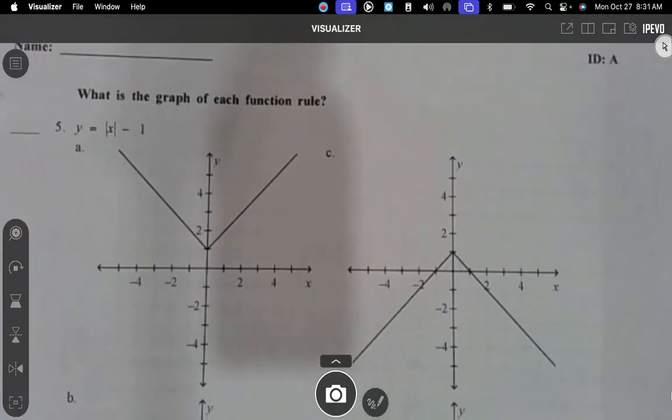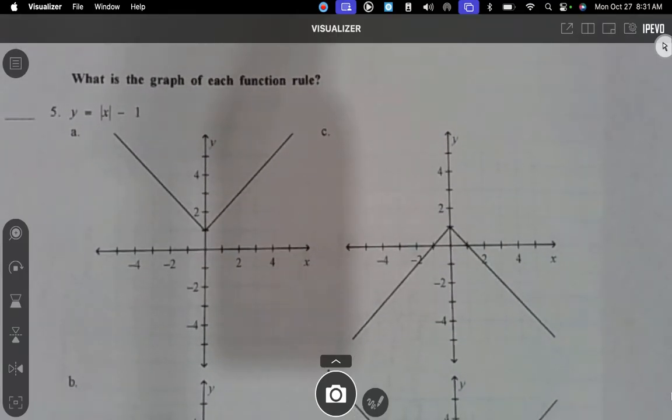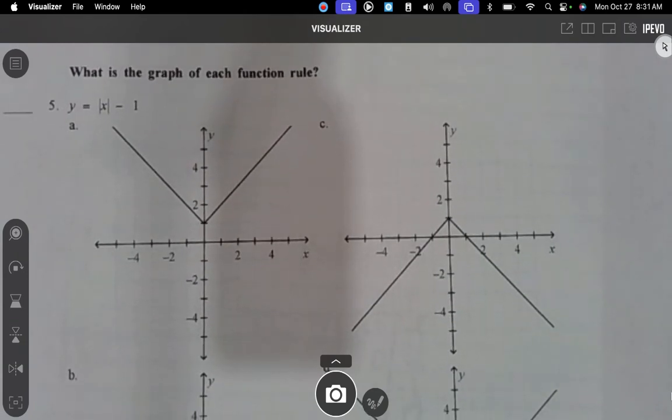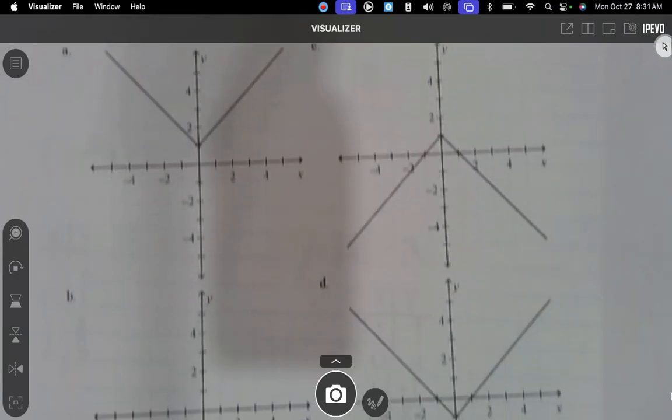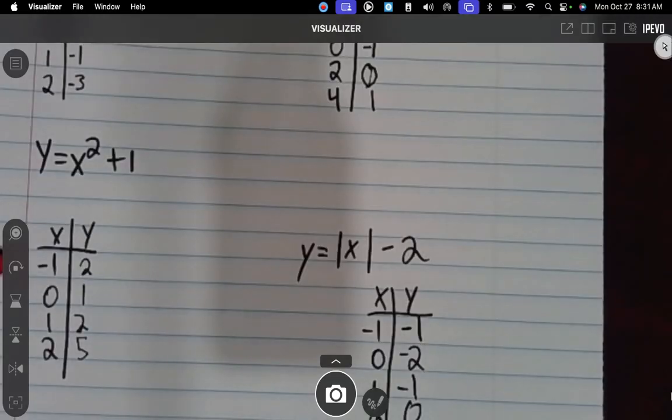Okay, number 5 looks like this. I'll show the other answer choices, which you could probably just pick it out. I don't know, some of you probably could without. You can just graph it on your calculator if you wanted, if you knew how to type it in. Okay. Number 6 is weird. It's a little different.